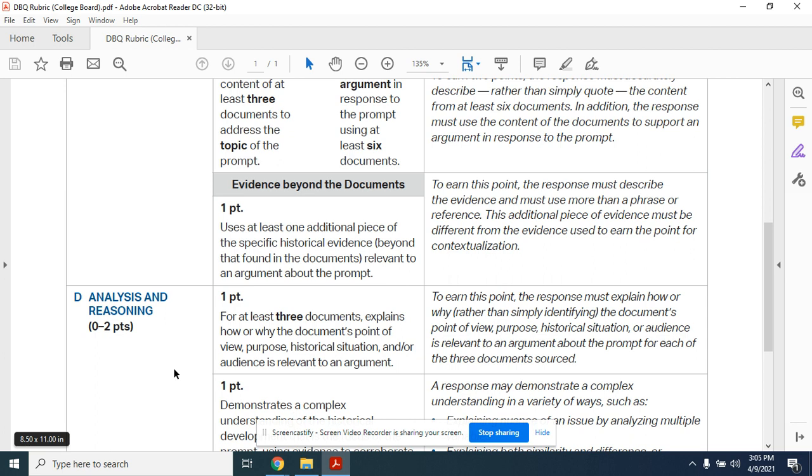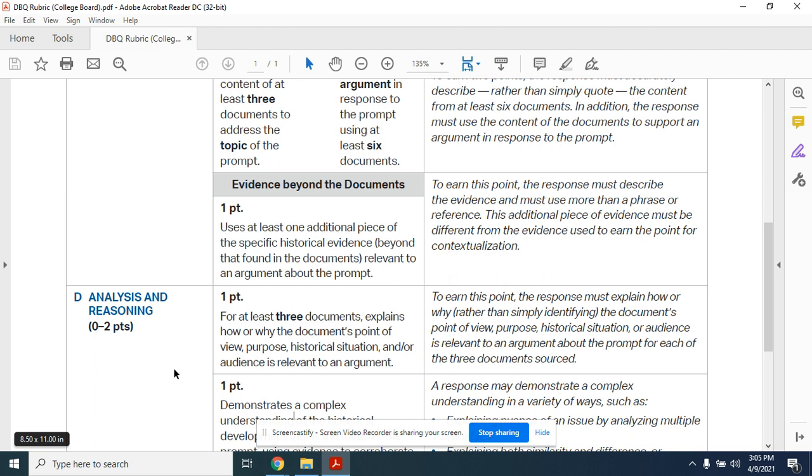What we're calling contextualization, they are calling historical situation, but don't worry, it's the same thing. You grasp the idea. And or audience. So one of those 4 ways of sourcing you need to use for at least 3 of the 6 or 7 documents that you're using in the essay.